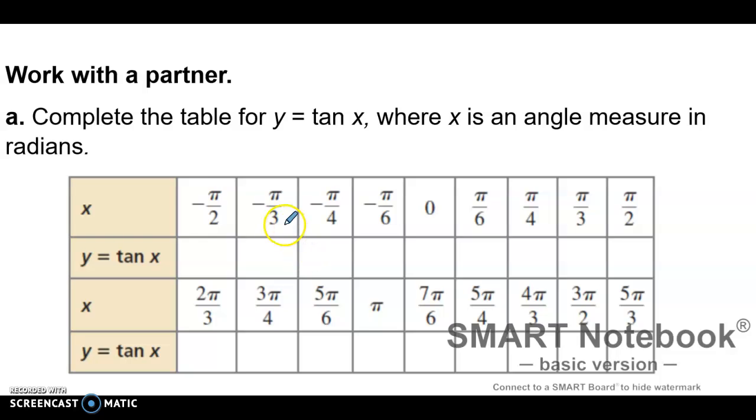And grab a calculator and just figure out these values. On your notes, you only have the values that I'm marking, so only mark these ones here.